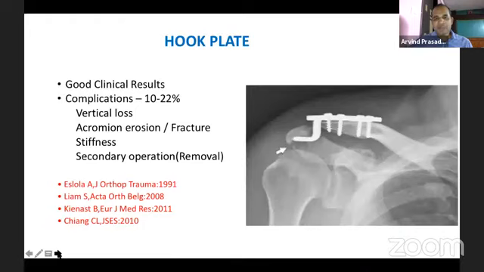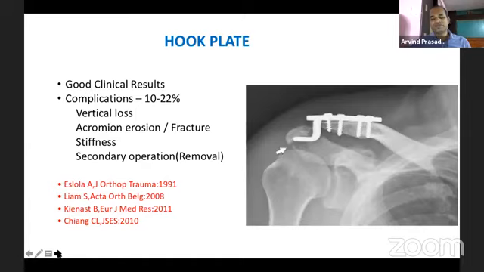There are complications associated with all types of surgery. With the hook plate, there are very good clinical results, but the complication rate is almost 10 to 22%, with vertical loss, acromion erosion, and sometimes fracture, stiffness, difficulty in abduction after 100 degrees, and need for secondary removal, that is, a secondary surgery.